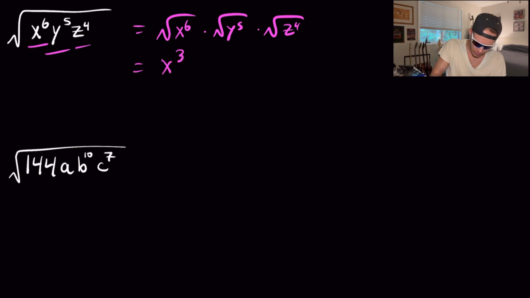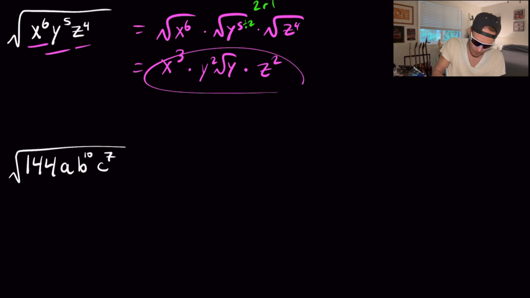We'll have x to the 3rd, and then we'll come to this one in a second, times z squared, right? Just divide those even numbered exponents by 2. Here, I'm still going to do that, right? I'll divide 5 by 2, which is going to give us 2 with a remainder of 1. So that means the answer is going to be y squared times the square root of y.